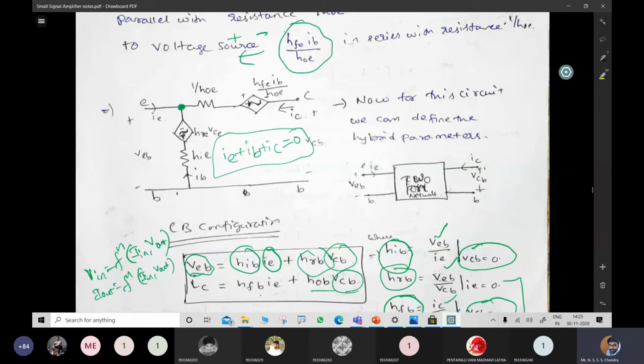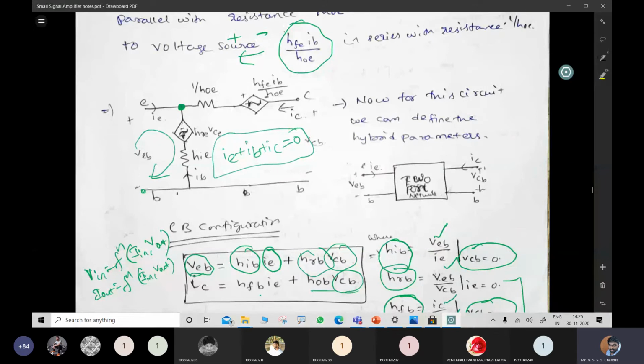Next, we need to write the KVL equation. Now tell me the KVL equation for your input loop. Do not directly tell in terms of VE equal to, you write it as a complete loop. So I am beginning over here.